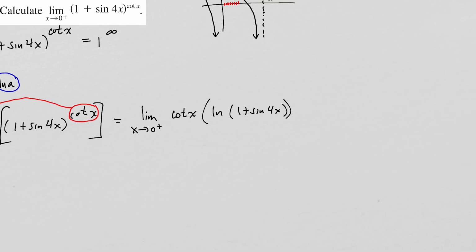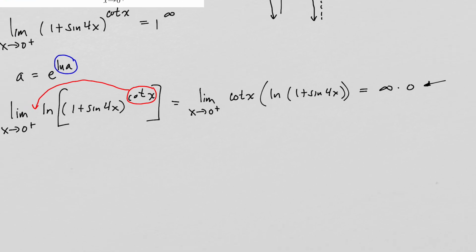Now, what is this limit? Well, as x goes to 0 from the right, we know cotangent goes to infinity. And we already know that this goes to 1, but we have the natural log of 1 now, which is 0. So what we get is infinity times 0, which is another type of indeterminate that we talked about earlier.